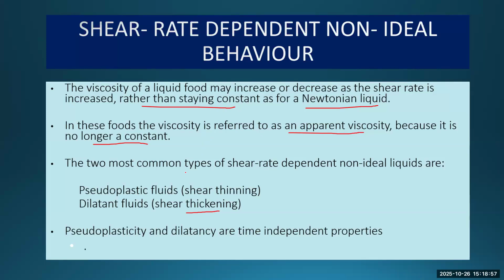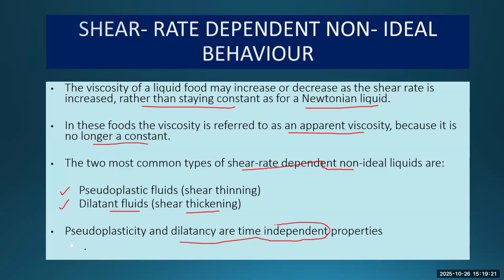The two most common types of shear rate dependent non-ideal liquids are pseudoplastic fluids and dilatant fluids. Pseudoplastic fluids are also known as shear thinning, and shear thickening is dilatant fluids. Pseudoplasticity and dilatancy are independent properties.